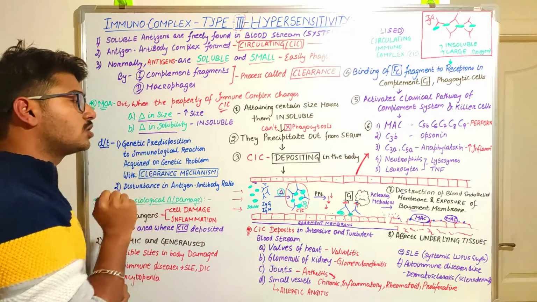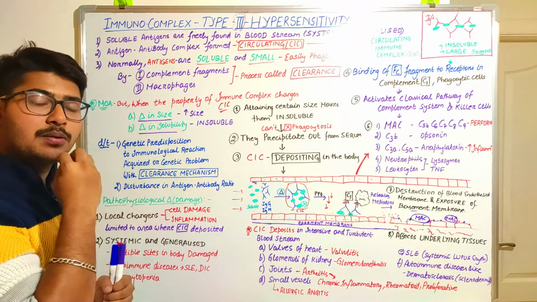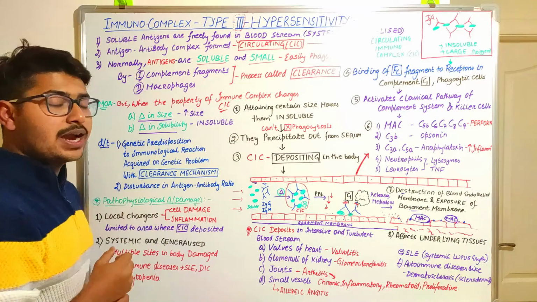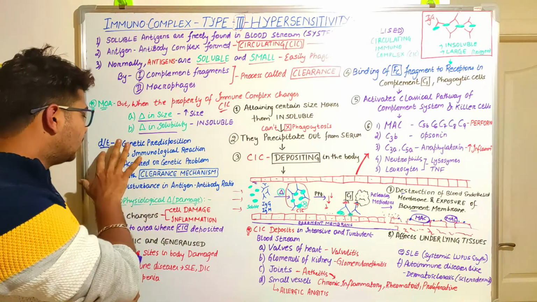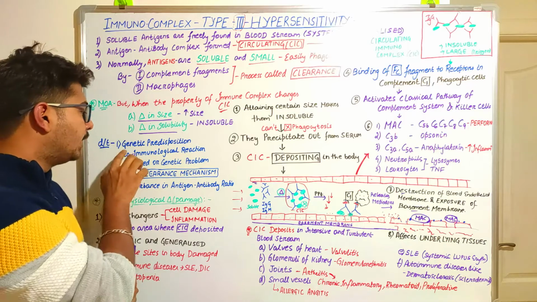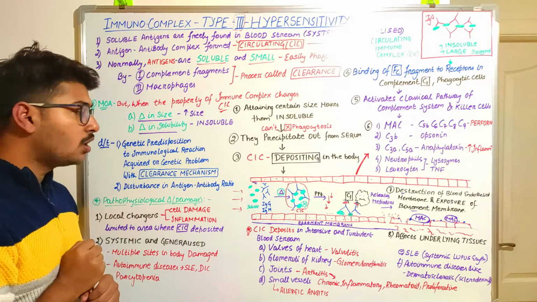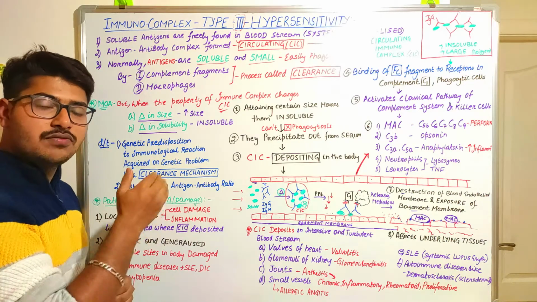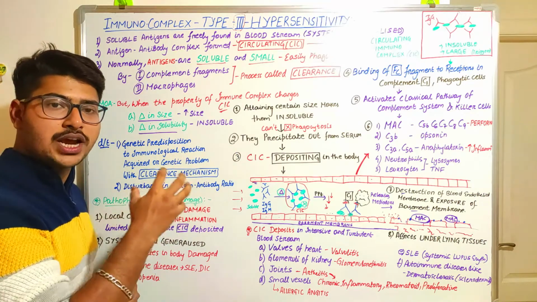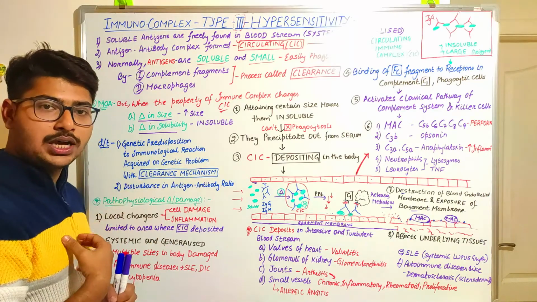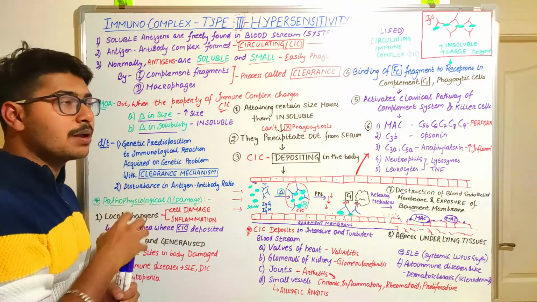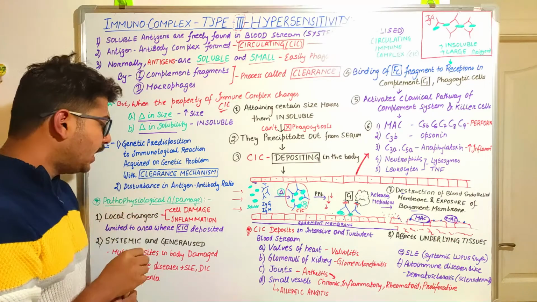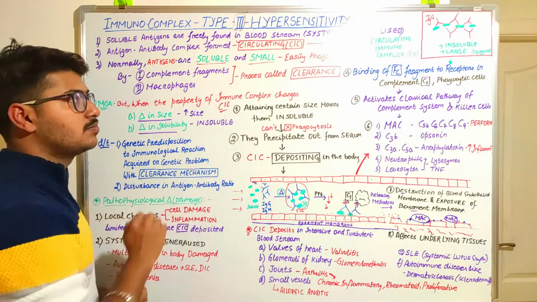So what is the change in property in the immune complex that stimulates this kind of reaction? First, the cause. It is due to a genetic or hereditary predisposition, an insufficiency of the immunologic reactions of the person's body, and it may be an acquired or genetic problem with clearance mechanisms.